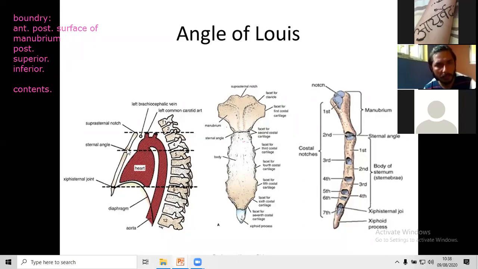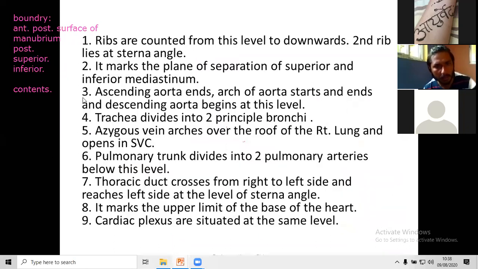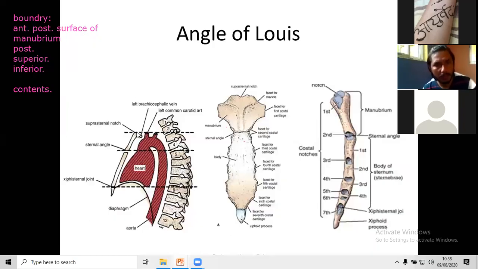Now see the anterior boundary. This whole flat bone is the sternum. The sternum has parts: manubrium is here, body of sternum is here, and the xiphoid process. Only the manubrium is related to the superior mediastinum in the anterior aspect. So the anterior boundary is formed by the manubrium. The manubrium has an anterior surface and a posterior surface. The posterior surface of the manubrium forms the anterior boundary of the superior mediastinum. Are you getting?